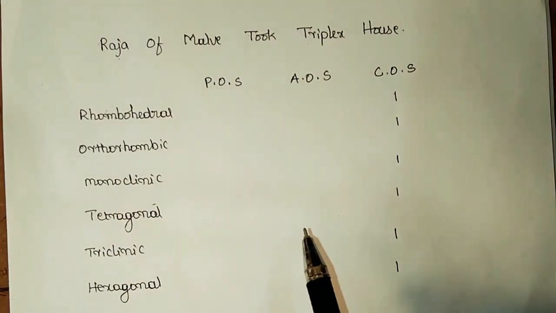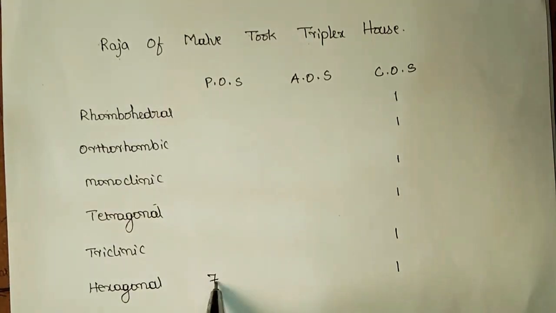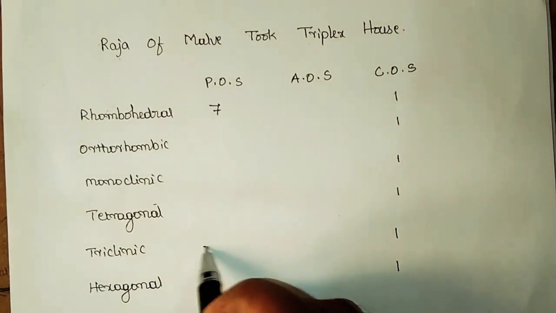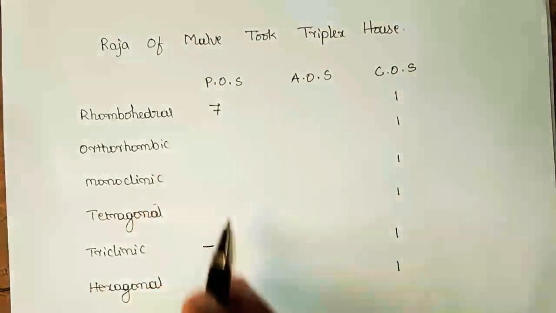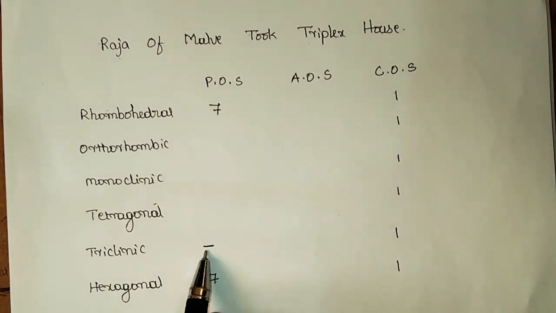Just in order to remember this, go this way. Hexa means 6, right? So you raise it by one number, go with 7, and here you write the 7. In triclinic there is no plane of symmetry, and it is looking like minus, right?